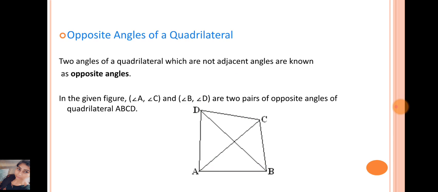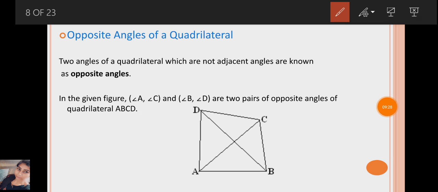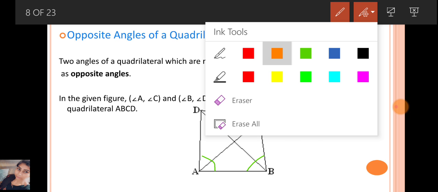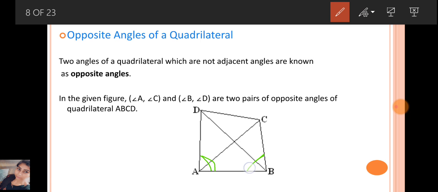Now let us understand the next topic, that is opposite angles of a quadrilateral. Two angles of a quadrilateral which are not adjacent are known as opposite angles. I have told you these two are adjacent angles, and these two are adjacent angles, and these two are also adjacent angles, right?